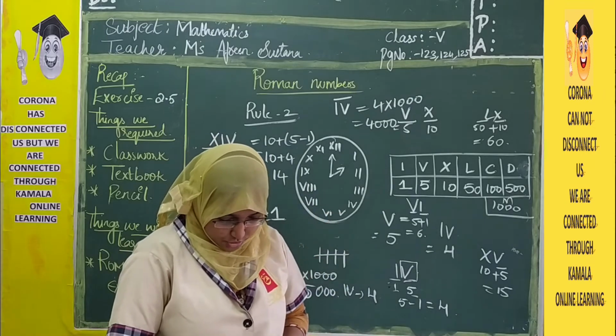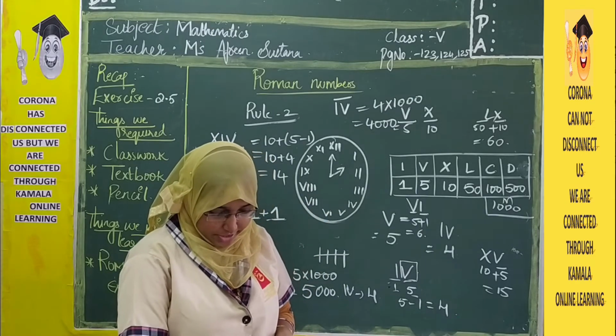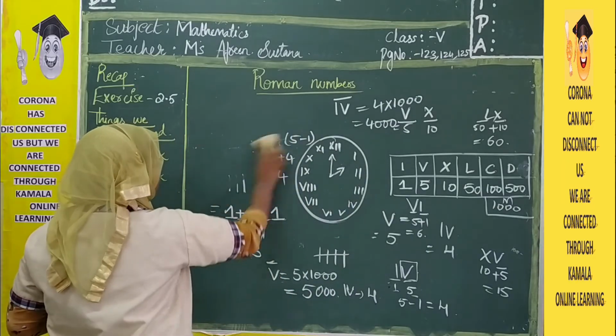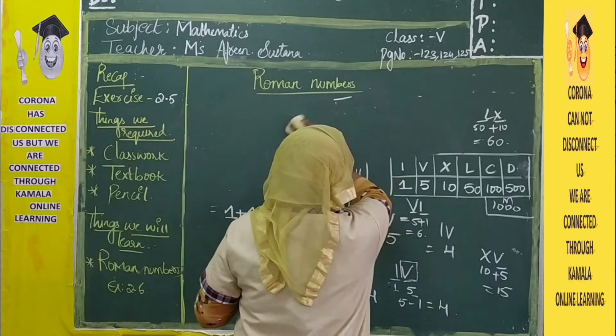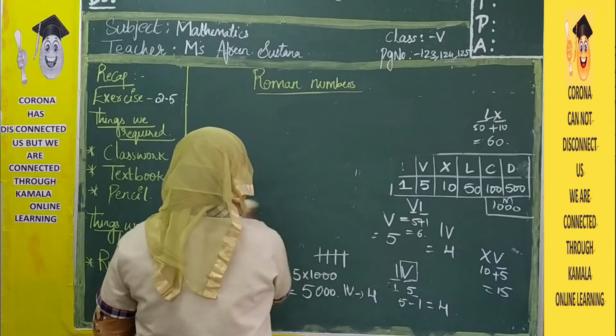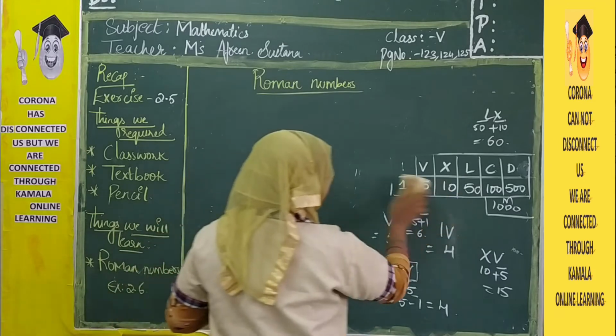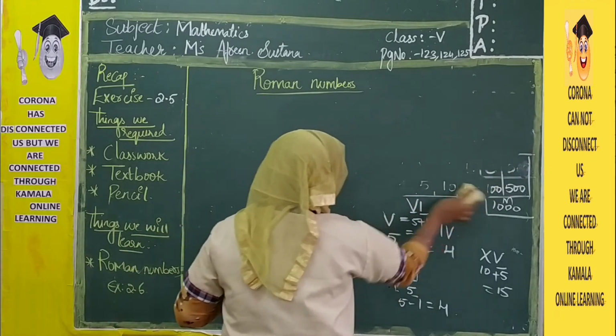Okay, let us move to our exercise 2.6. So I request everyone to open their classwork and write exercise 2.6. Before writing exercise 2.6, please do write this box, the Roman numeral box.